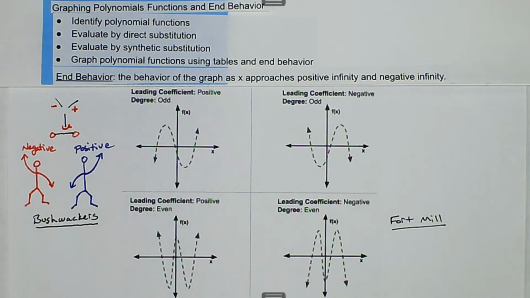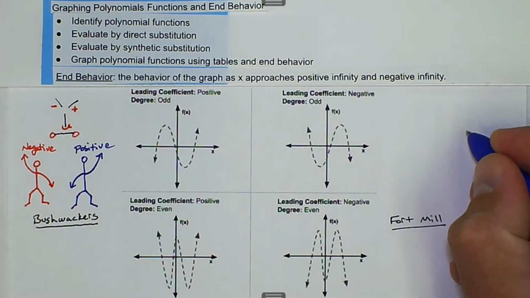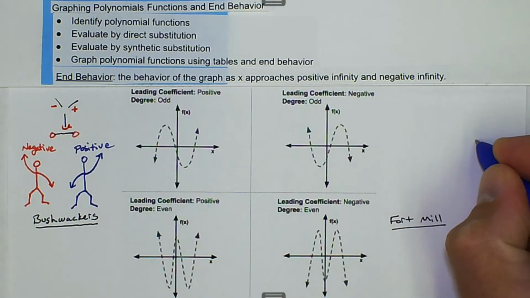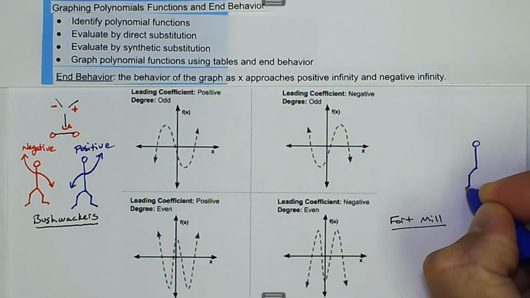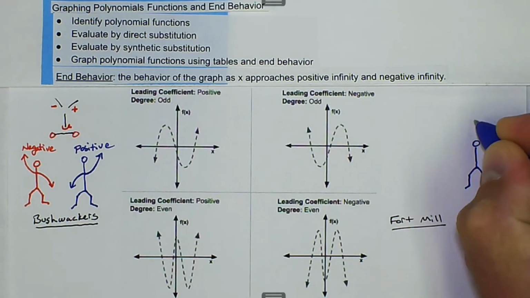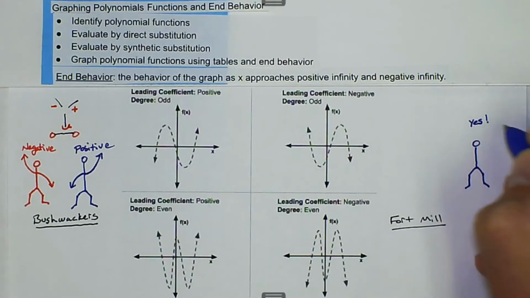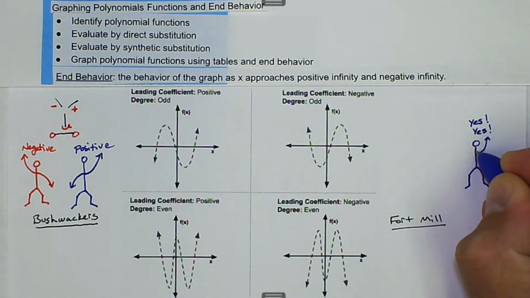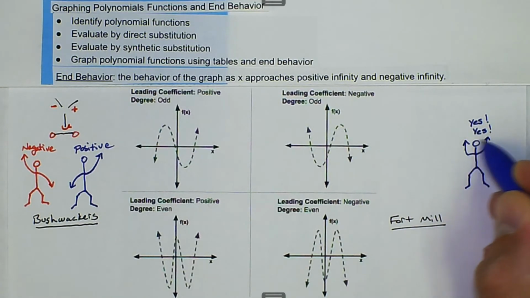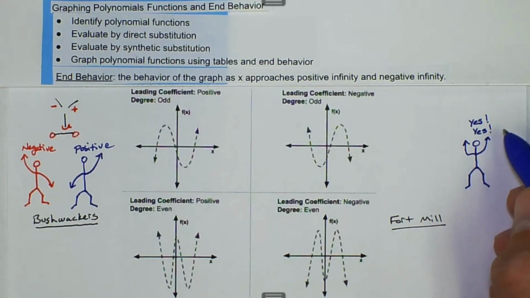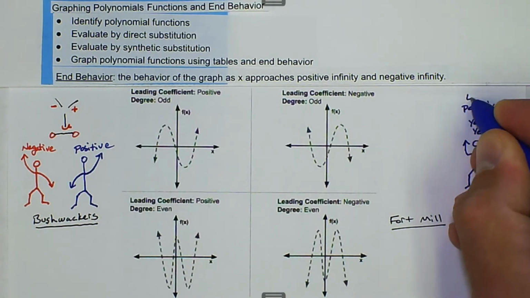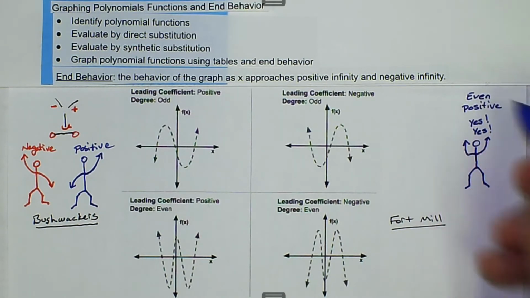So when we hear the Fort Mill yes, we can think of that as a positive even degree function. When we're at the pep rally and it's time to do the Fort Mill yes, we're going to say yes, and we're going to do that a few times, right? We're going to point our hands to the sky like this. So both of our end behaviors, we're pointing to the sky, and that would be an example of a positive even degree function.